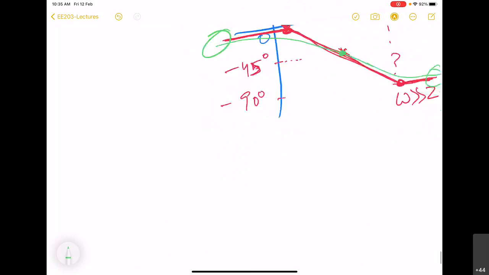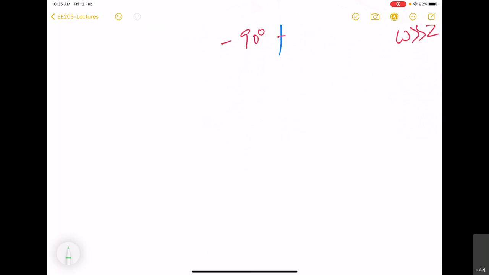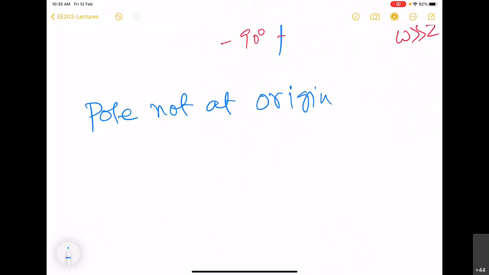Now one can ask what will be the Bode plot for the pole case. That means we now have a factor like this.